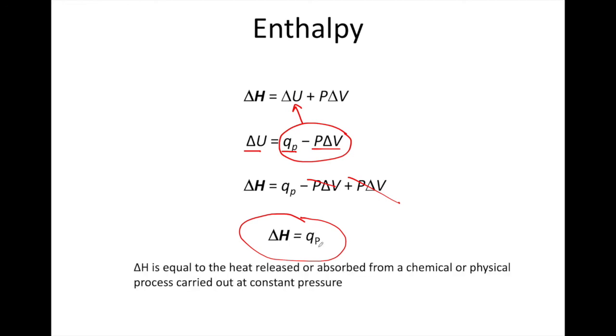So delta H, our enthalpy, this is a much more practical definition, one that we use more often in chemistry. Our enthalpy change is equal to the heat released or absorbed from a chemical reaction or physical process that's carried out at constant pressure.